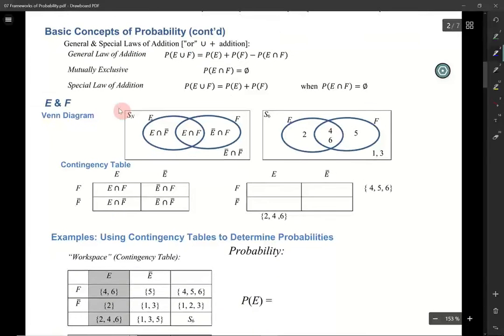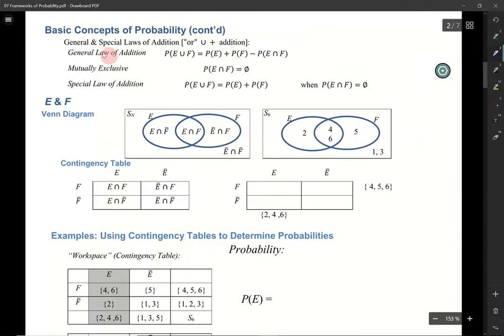We started to think about the general law of addition, where the union is or, right? And so when you combine probabilities this way, you're adding them, and so you get a bigger probability. Say you want to know the probability of E or F happening.